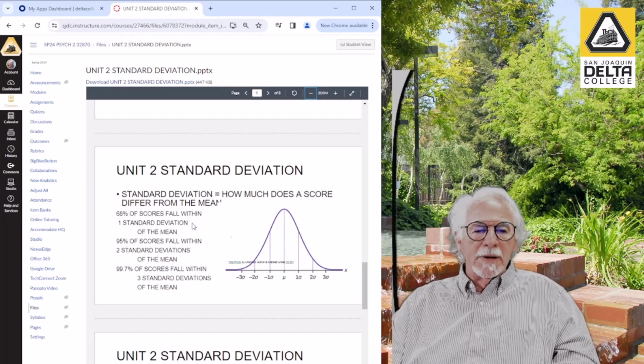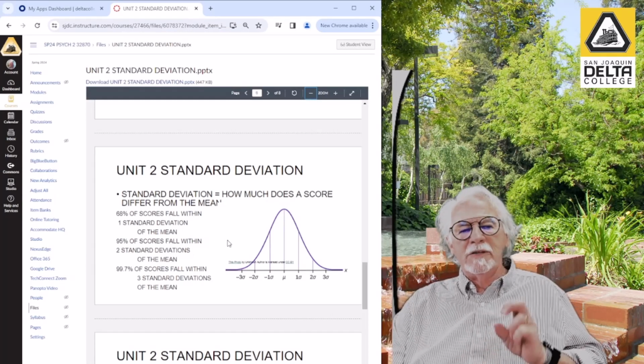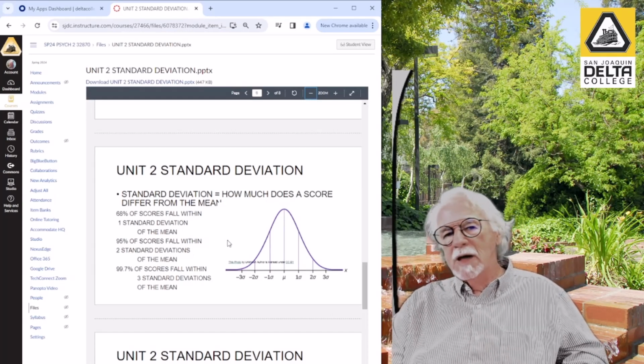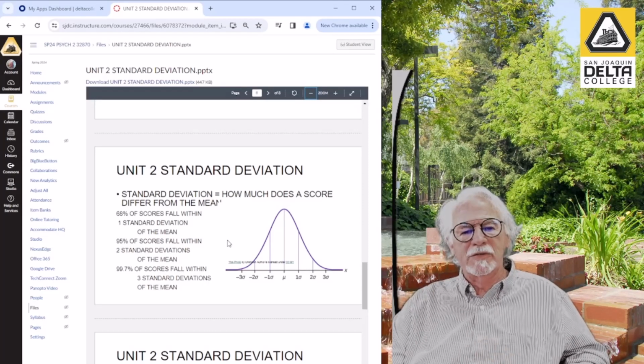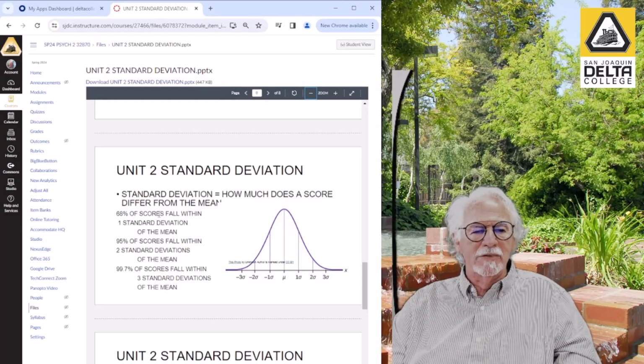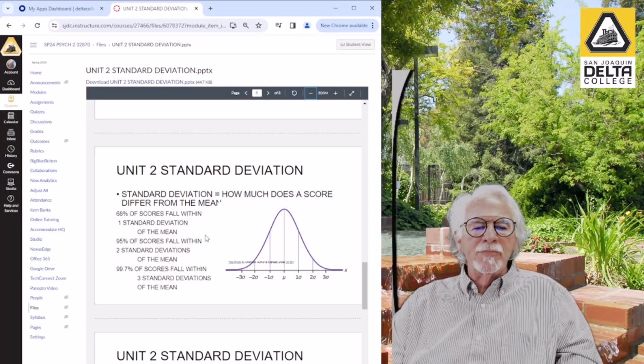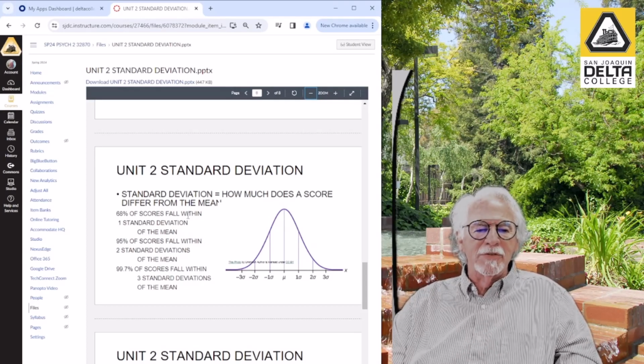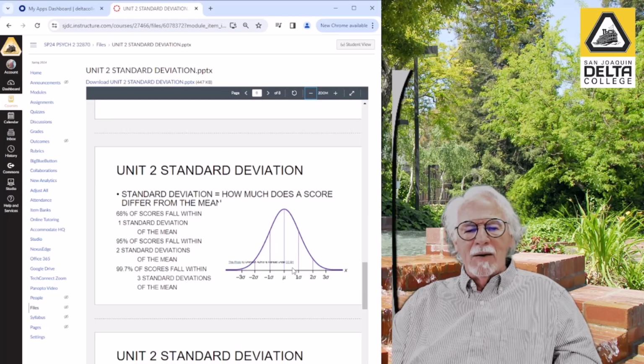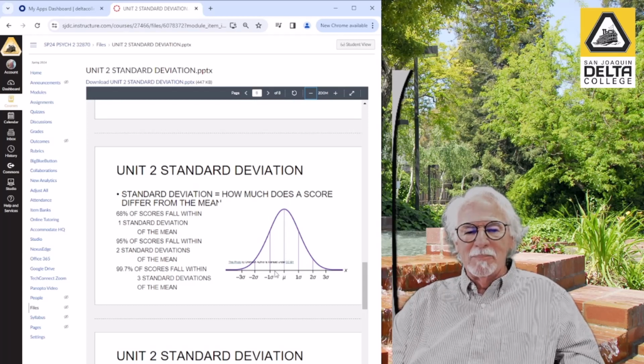But what I want to bring your attention to now is that we have rules. There are a lot of rules about the bell curve and standard deviation, and here is what it says. The first one is 68% of scores fall within one standard deviation of the mean. Now, one standard deviation of the mean includes both sides: one here and one here.